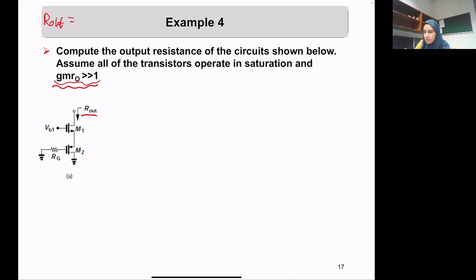So again, it will be just GM1 times RS plus R out 1. Here, ignore the other two terms given the assumption that GM R out is much greater than 1.